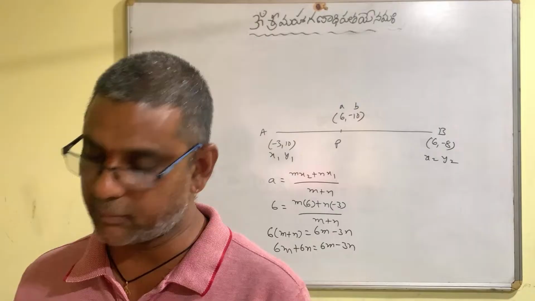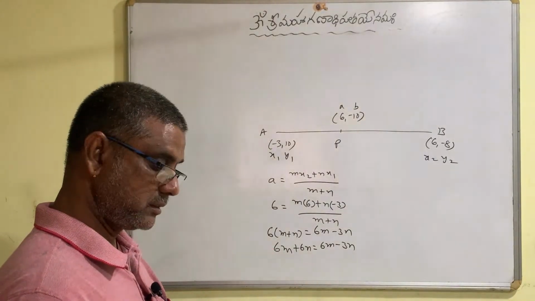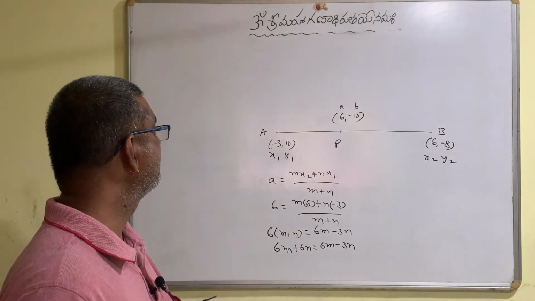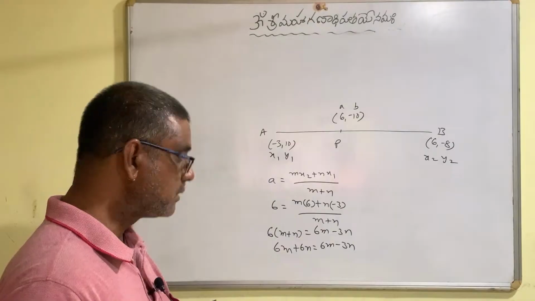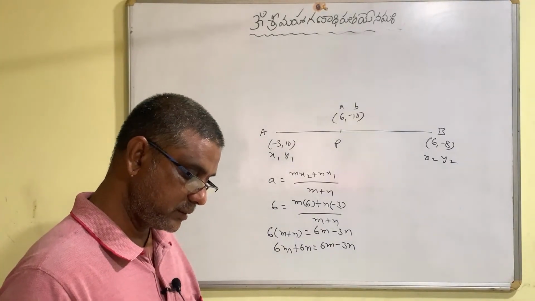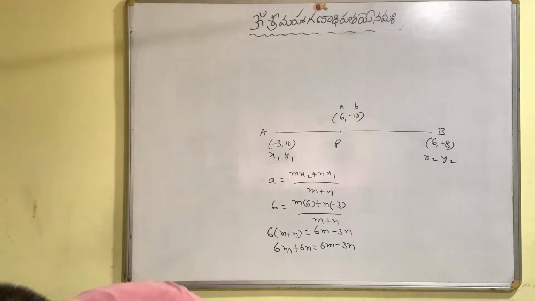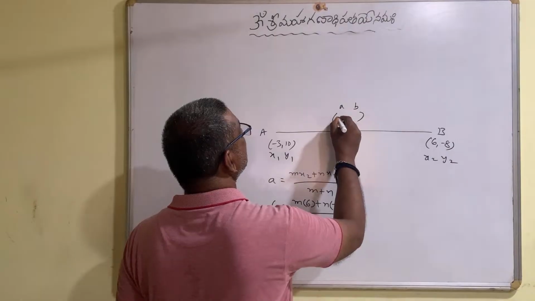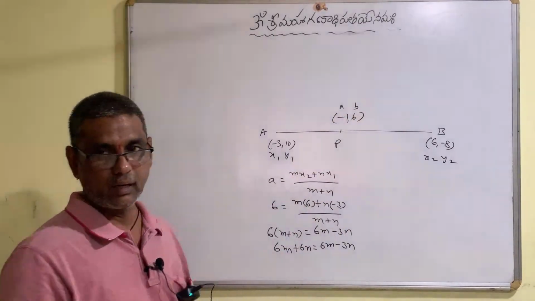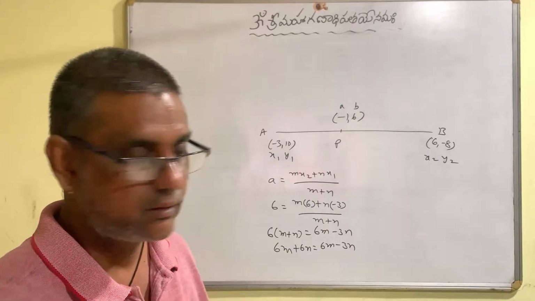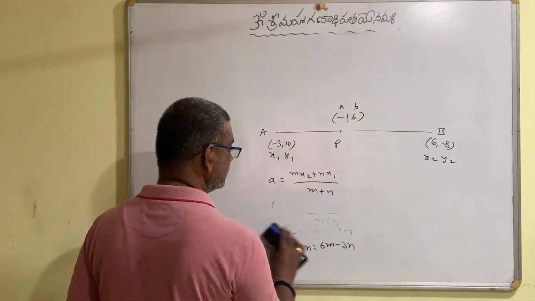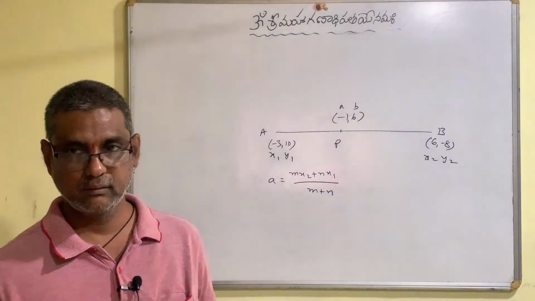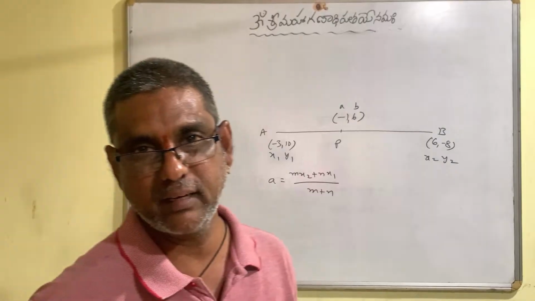Minus 3 comma 10, 6 comma 8. Negative 1 comma 6, right? So how did you get 2:7?